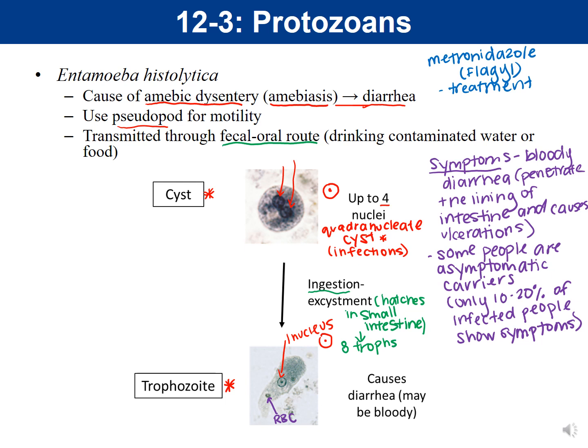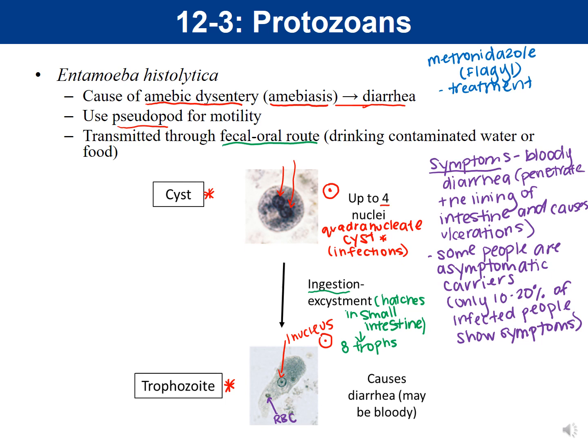Now, in terms of diagnosis and additional notes, so other things that you should know about this particular organism, and that is that the troph is going to be in the intestine, right? And so in the intestine, that troph is going to use red blood cells for food, for example. It's going to penetrate the lining of the intestine, and it causes that ulceration or that bleeding.